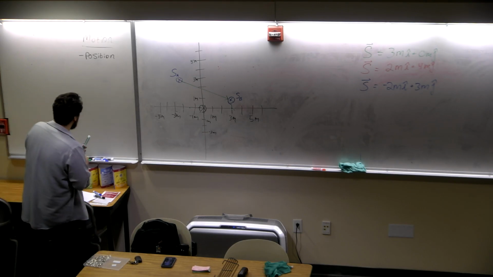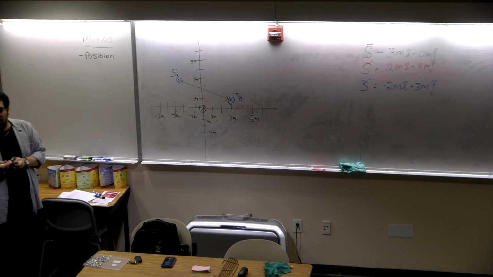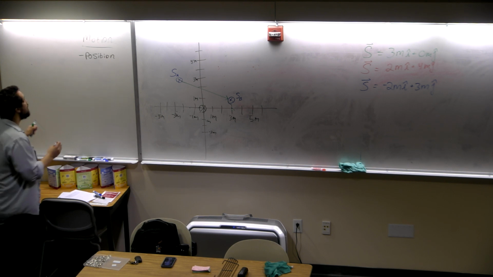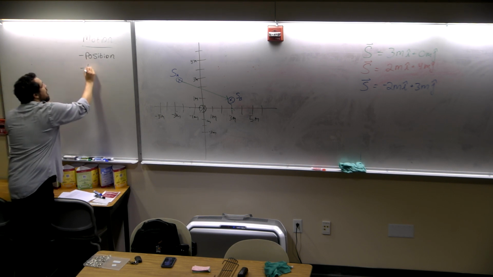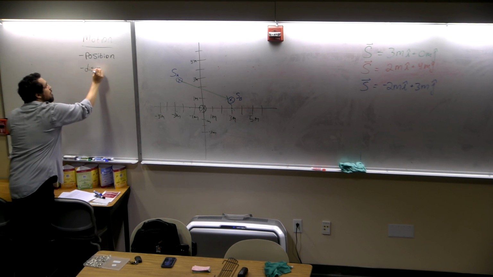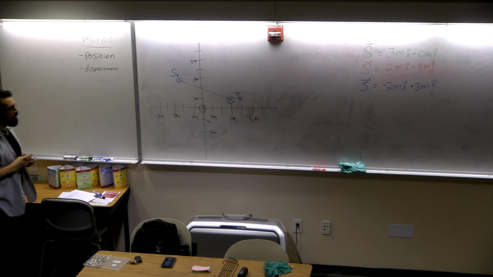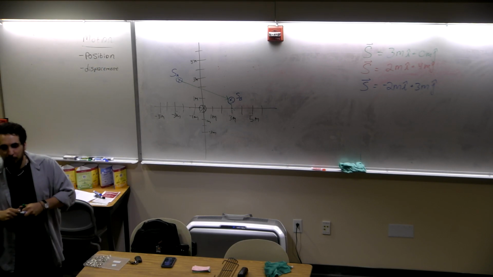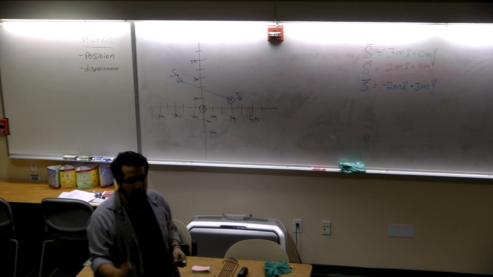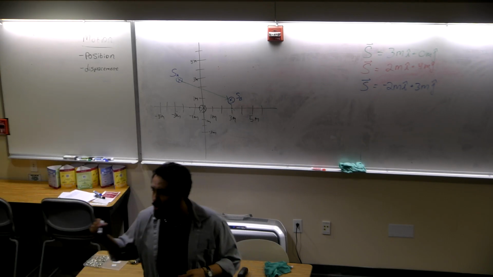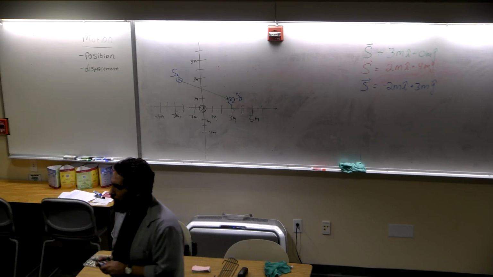Now we can look at this green arrow, right? And we can say, well, to go from point A to point B, how far to the right do you need to move? 5 meters. So the displacement should be 5 meters to the right. How far vertically do we move? What's our change vertically? 2 meters.